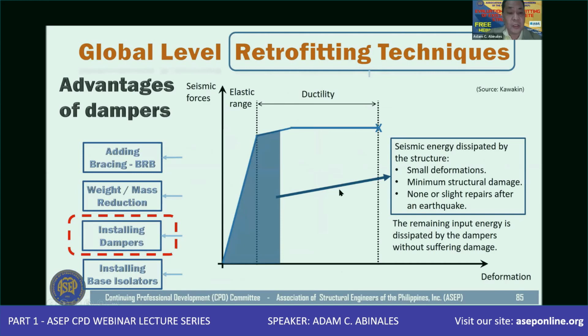But if you introduce dampers, with seismic energy dissipated by the structure, then definitely the structure would be subjected to small deformations, minimal structural damage, or none, or almost slight repairs after an earthquake, because the remaining input energy is dissipated by the dampers without suffering damage.